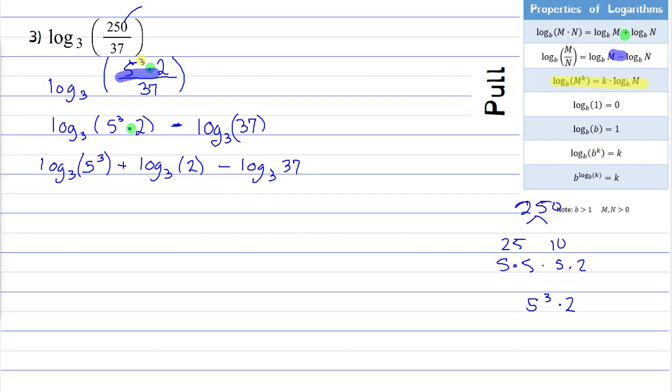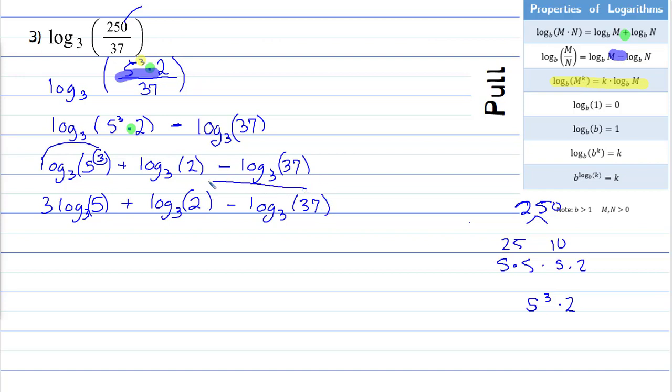And so we end up with moving this to the front. We end up with 3 times log base 3 of 5 plus log base 3 of 2 minus log base 3 of 37. And that's your final answer.